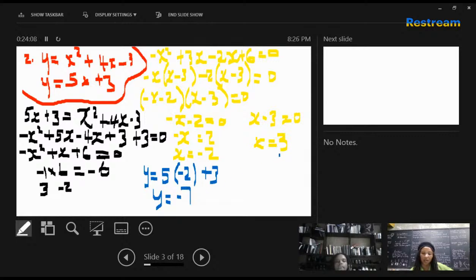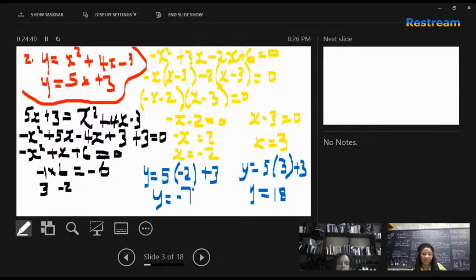And when x is positive 3, y will be equal to 5 times 3 plus 3, which is 18. So when x is 3, y is 18, and when x is negative 2, y is negative 7.